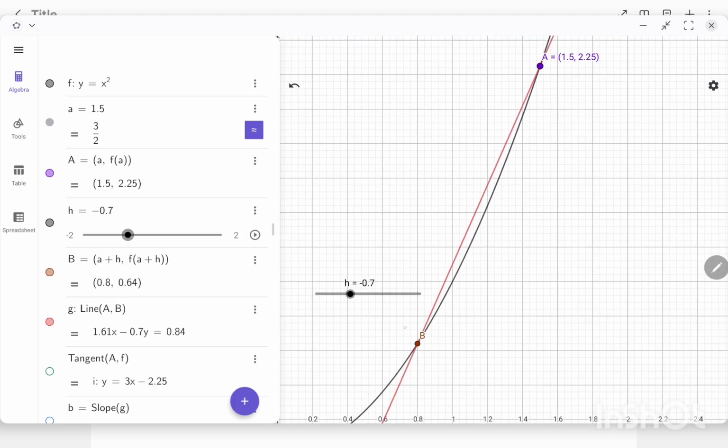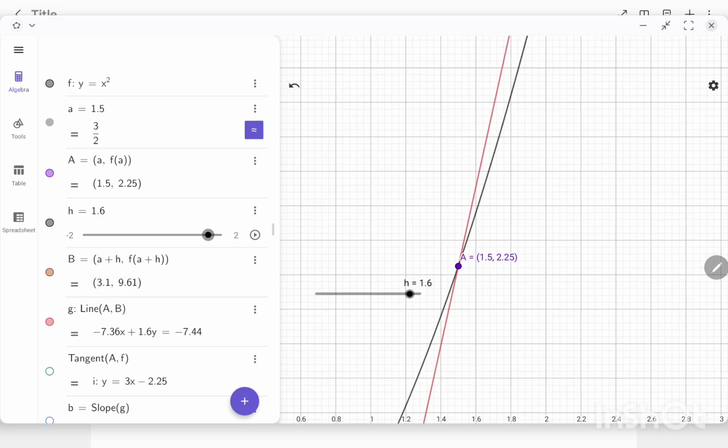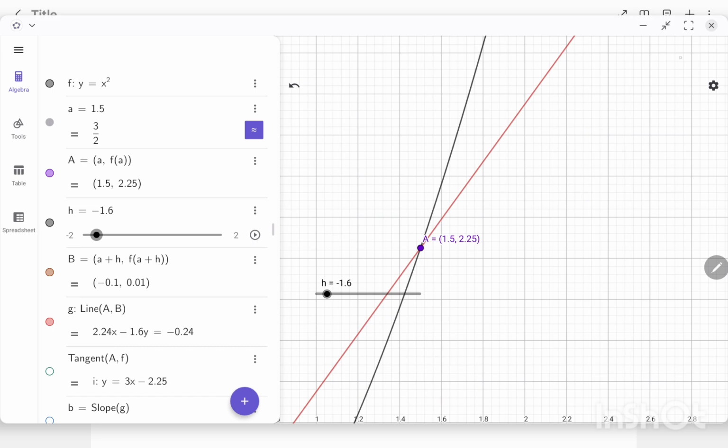So when I move h, the point B will be moving towards A. When h is on the right of 0, the point will be moving towards A from above. When h is on the left, we can notice that the point is moving towards A from below.